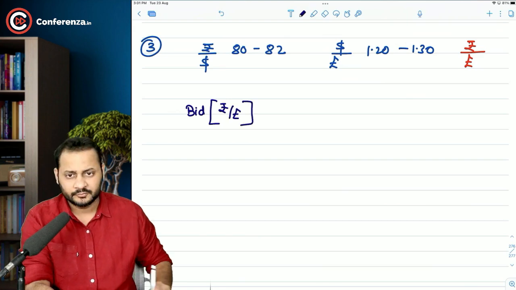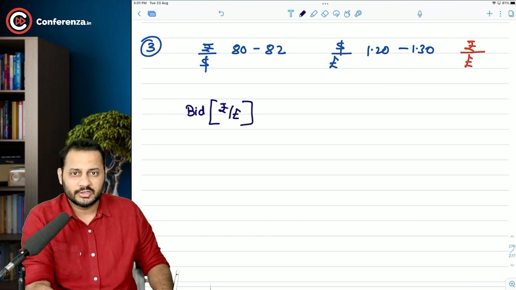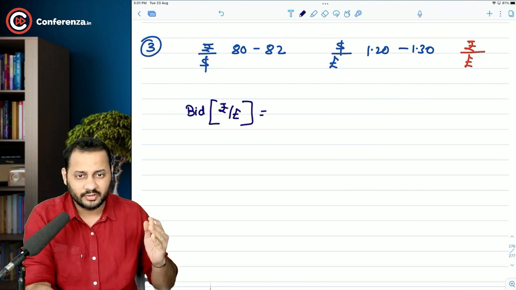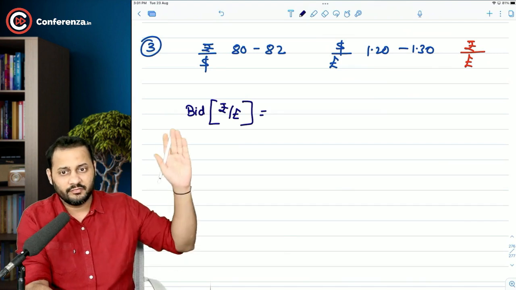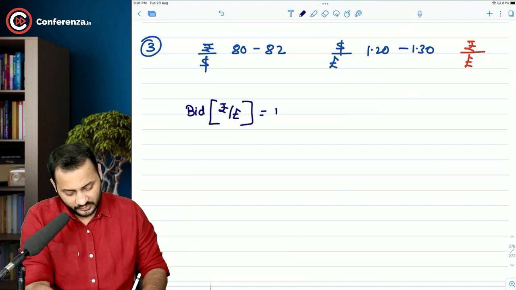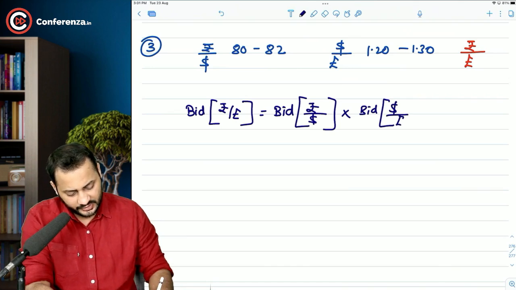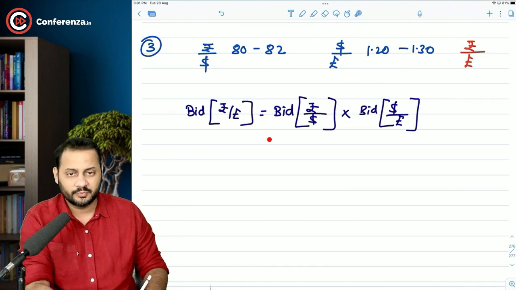Whenever I have to find rupees per pound, I can simply write that rupees per pound is equal to rupees per dollar times dollar per pound. So if we have to find the bid rate, the equation is simple: take the bid of everything, the bid of rupees per dollar times the bid of dollar per pound. See, the equation is exactly the same as it was previously.